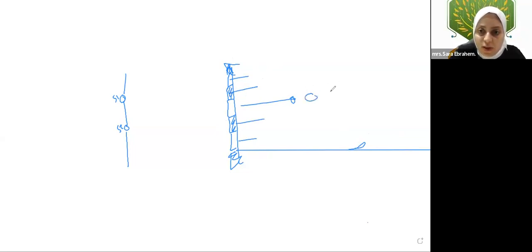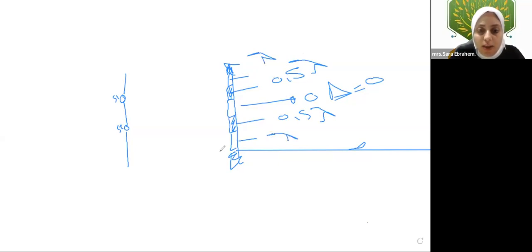Path difference equals zero. And the path difference to reach the first dark is 0.5 wavelengths, and to reach the first bright is 1 wavelength.